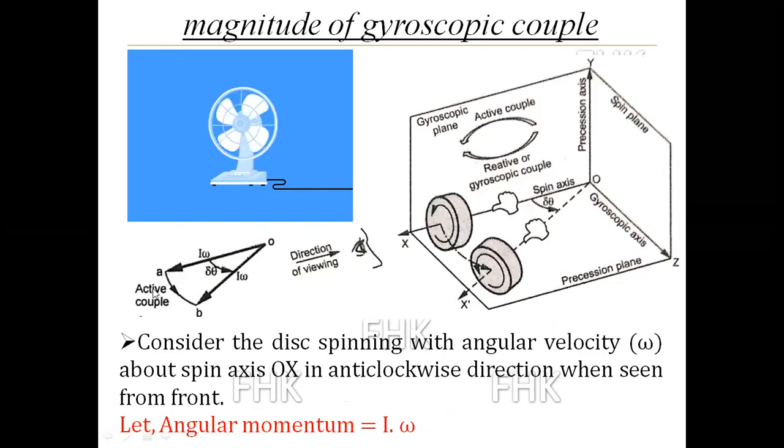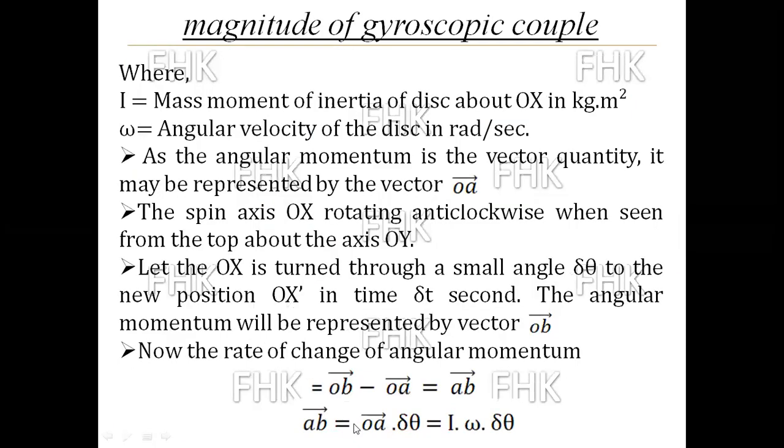That vector AB is an active couple, which you can see in the third plane, the gyroscopic plane. But we have to find out the reactive couple. Now what is vector AB? Vector AB is equal to vector OA into delta theta.